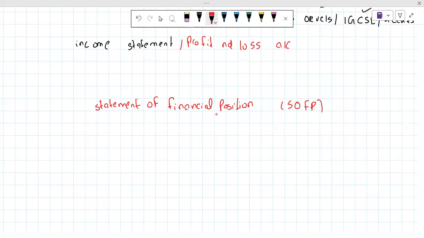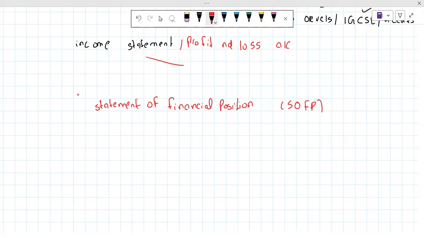Our main motive is to see how the accruals and prepayments concept affects the profit and loss account and the statement of financial position. I have told you that the statement of financial position shows our details of assets, liabilities, and capital on a certain date.